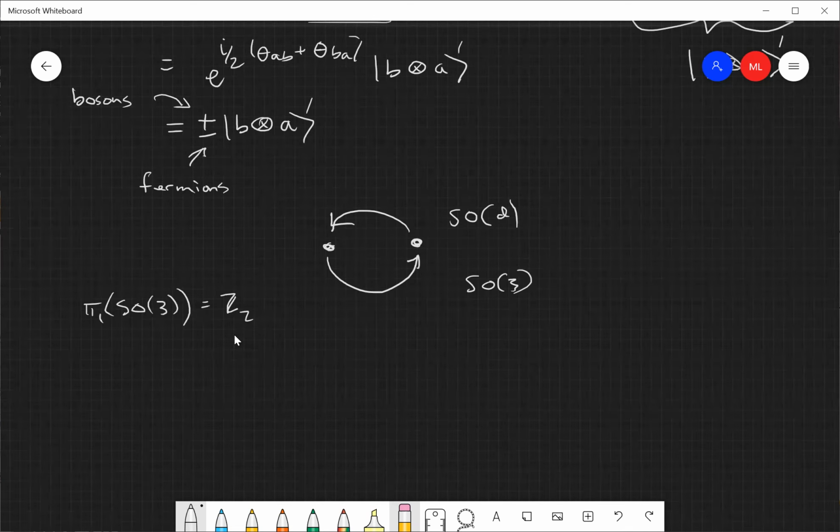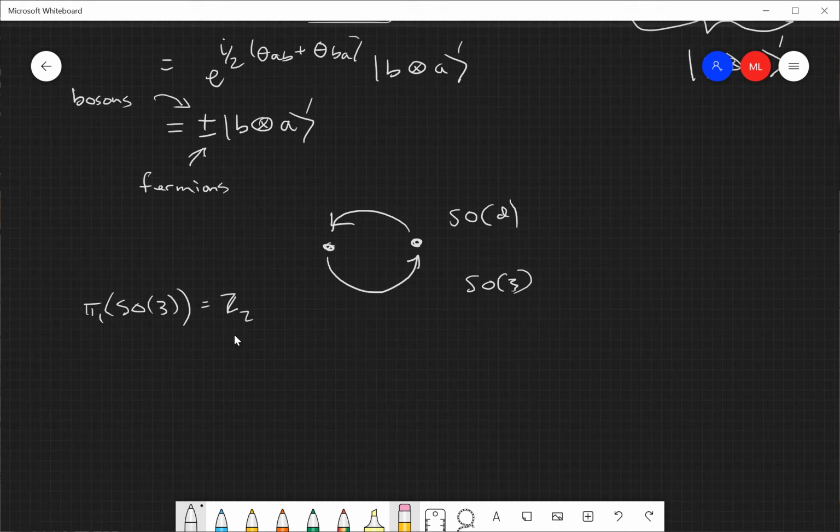And that corresponds to the 2 different ways of exchanging 2 particles. You either pick up a minus sign, that's the same as this rotation by 2 pi, or you don't pick up a minus sign, and that's the same as the 4 pi rotation. You get back to the same place. So there's 2 classes of things, fermions or bosons.